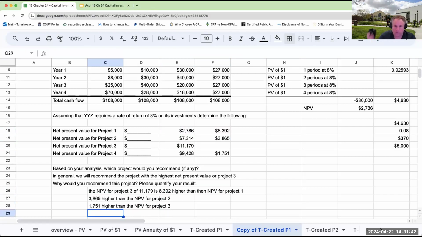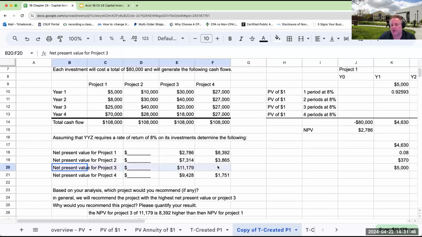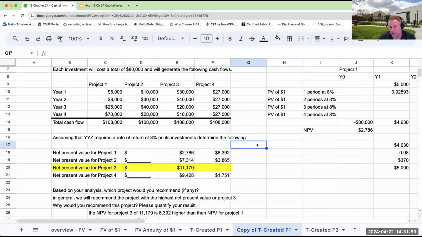Now, as we go through and look at this, what else is kind of going on here? Why does project 3 have such a high net present value? Well, the reason why it has such a high net present value is that if we look at how the cash comes in, generally, the sooner it comes in, the better. Why is that?